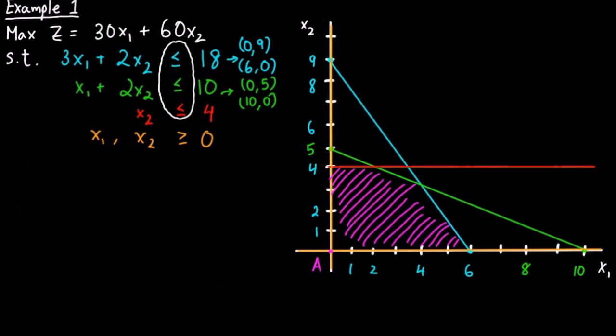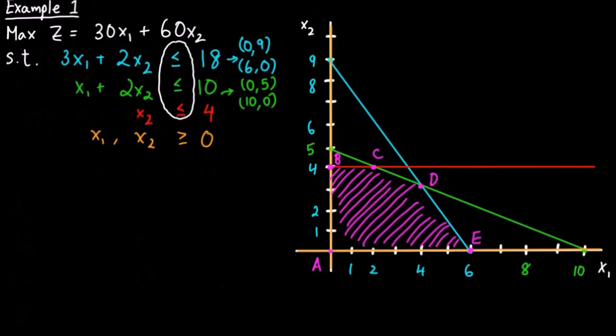We have point A at 0, 0, point B at 0, 4, point C, which appears at 2, 4, then point D, which is at 4, 3, and point E at 6, 0.